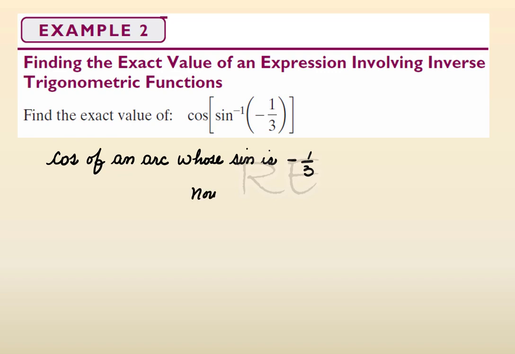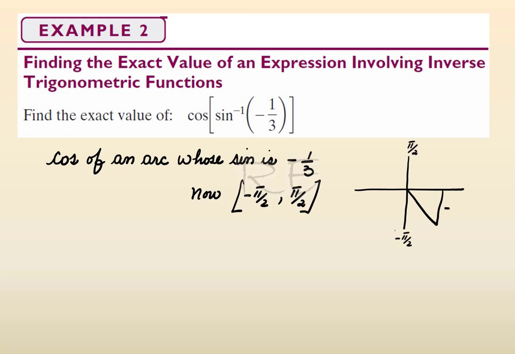Now, we need to remember that inverse sine is defined largely between -pi/2 and pi/2. We also need to recall that between -pi/2 and pi/2, sine is negative in the fourth quadrant.